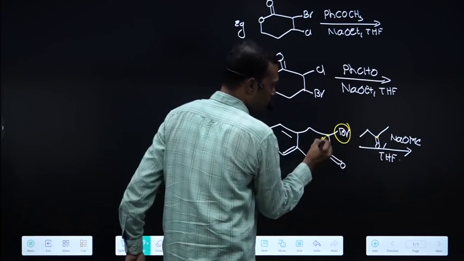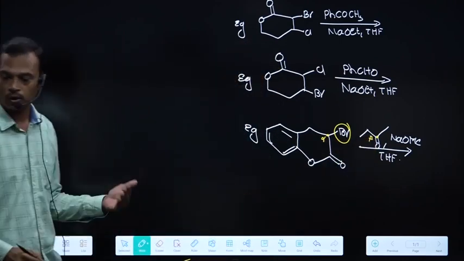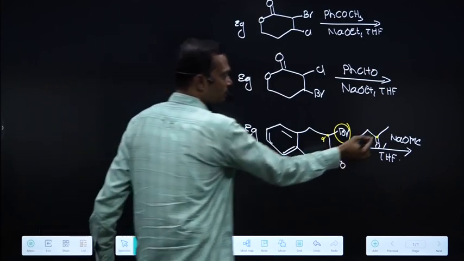Now this is which carbon? Alpha. And what about this? Beta. Condense them, convert that particular oxygen into epoxide. And beta carbon carries methyl and ethyl.